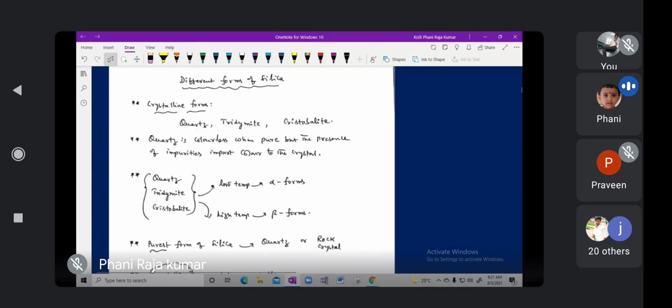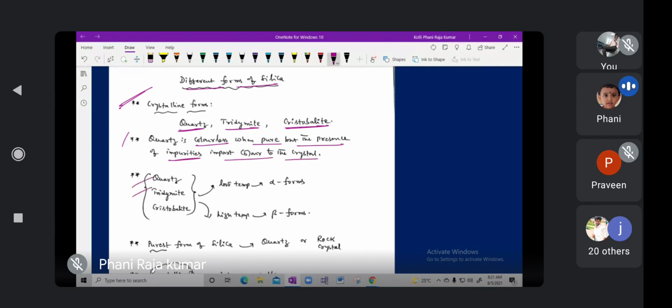Now I am giving different forms of silica. First one is the crystalline form: quartz, tridymite, and cristobalite. Quartz is colorless when pure, but the presence of impurities imparts color to the crystal.